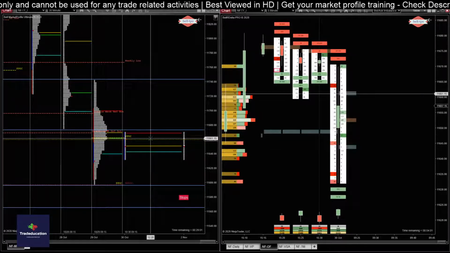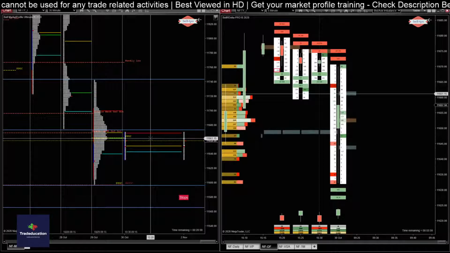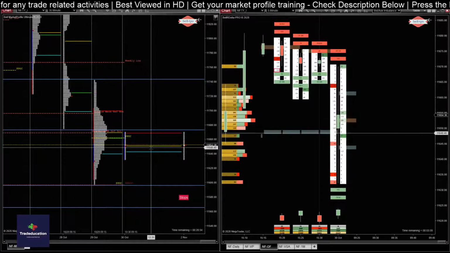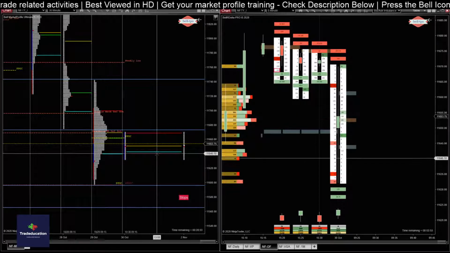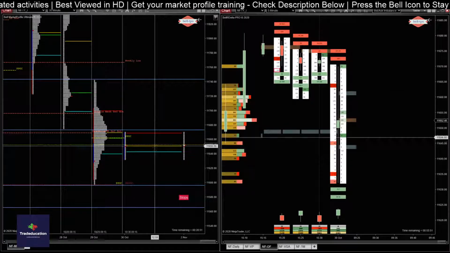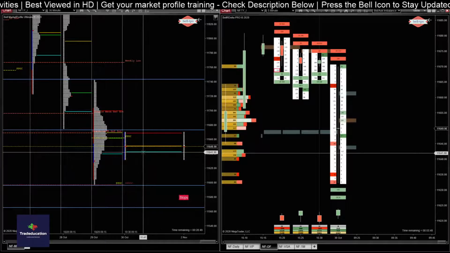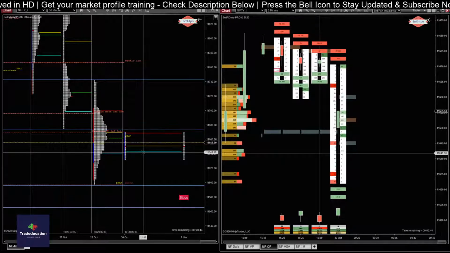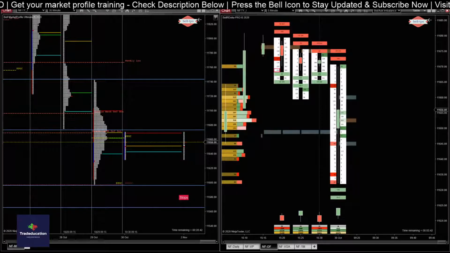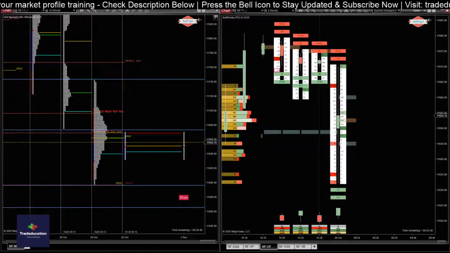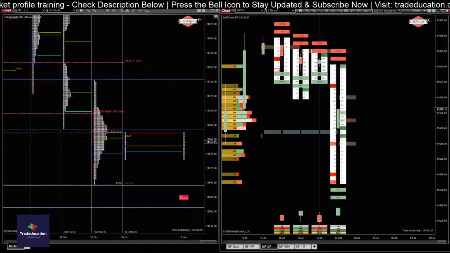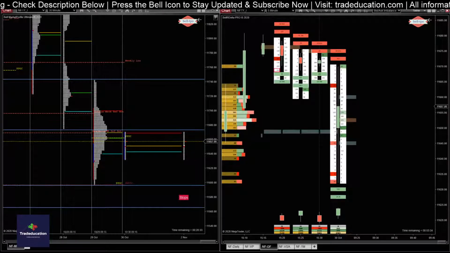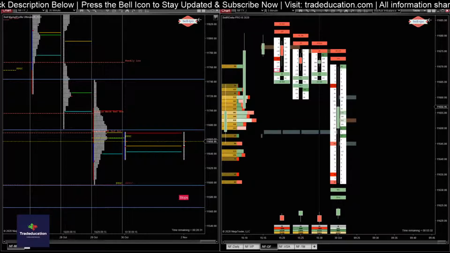So we are getting rejected around PPOC. The auction is just trading within the value area low and the PPOC of yesterday. We are having overlapping value area lows. $11,670 is the high.